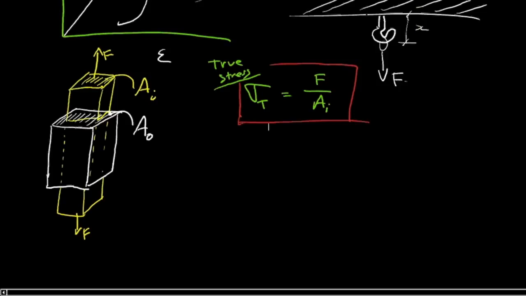The subscript i tells us this is the instantaneous cross-sectional area. I'll show you what the plot would look like in just a moment.